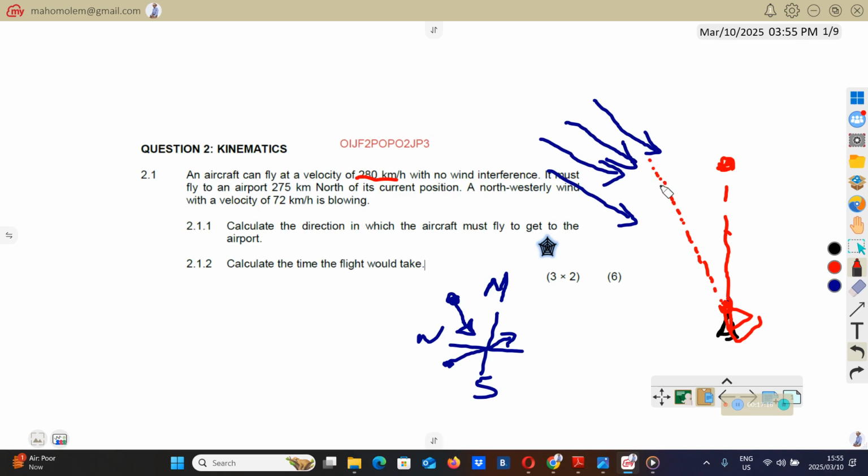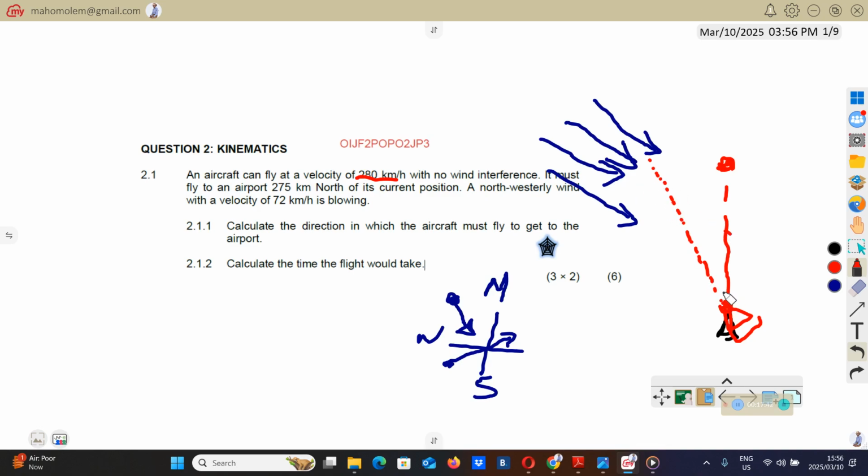So the engine of this aircraft will be pushing this aircraft in that direction. But since we're going to have two forces, the force from the engine and the force from the wind, those two forces will combine and form one resultant force. That one resultant force is going to result with no movement and no direction.